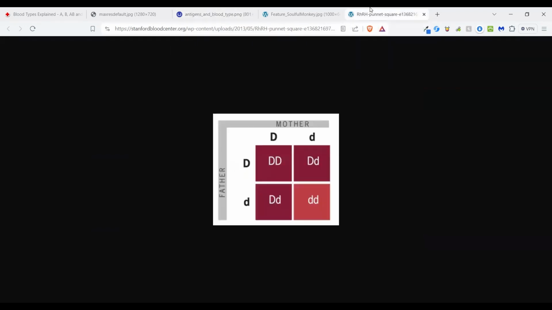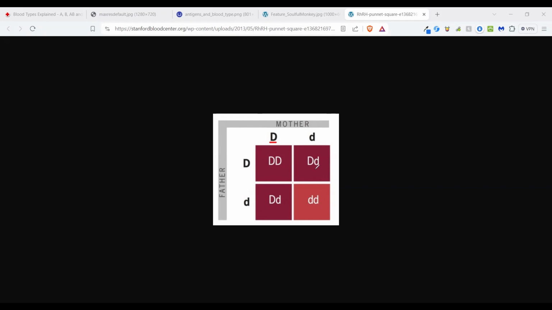And let's look at the inheritance of that Rh factor. Here we have a case of two parents who are both positive for the Rh factor and heterozygous. I can tell this because the mother here has a capital D and a lowercase d. In genotypes, a capital letter refers to a dominant allele and a lowercase letter is recessive.